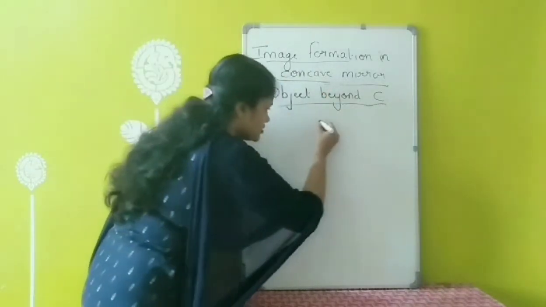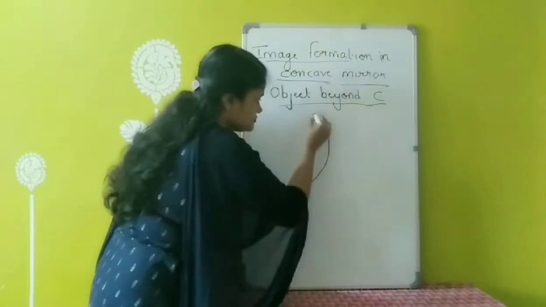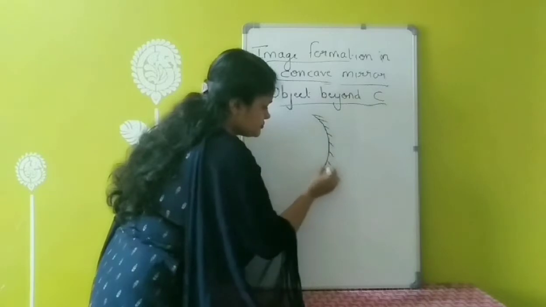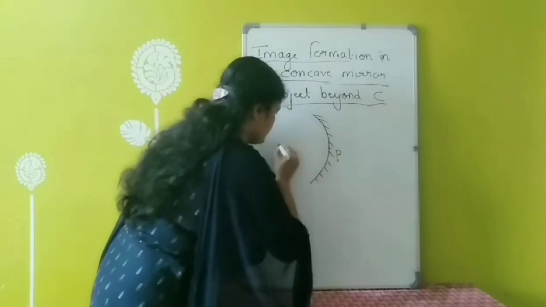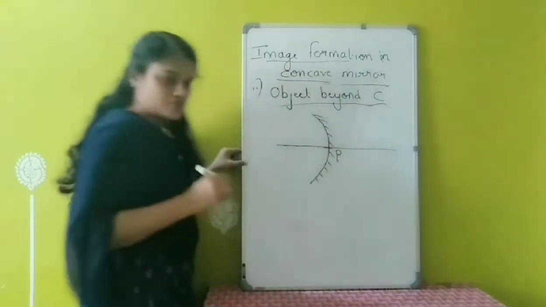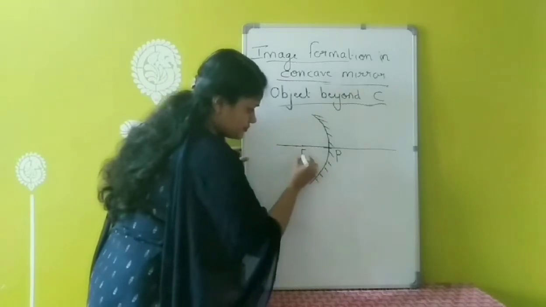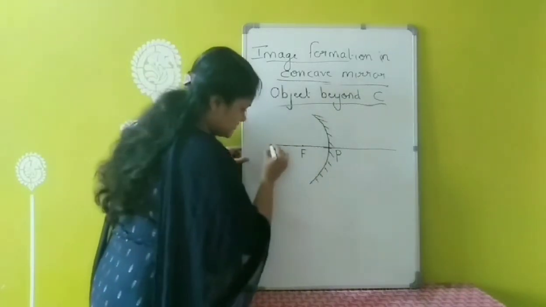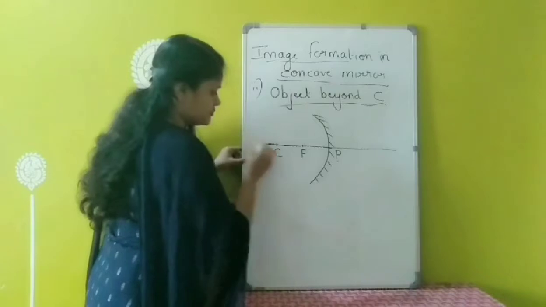So I am drawing a concave mirror. Pole, principal axis. Okay, and I am marking focus somewhere here. Focus, and twice the distance we can mark which one? Center of curvature. So I am putting center of curvature somewhere here.